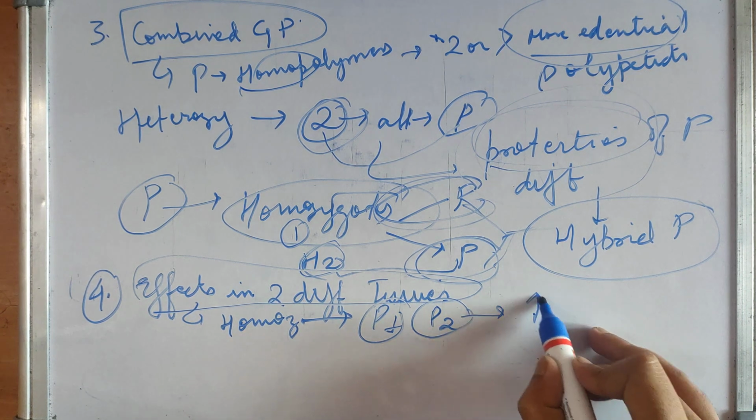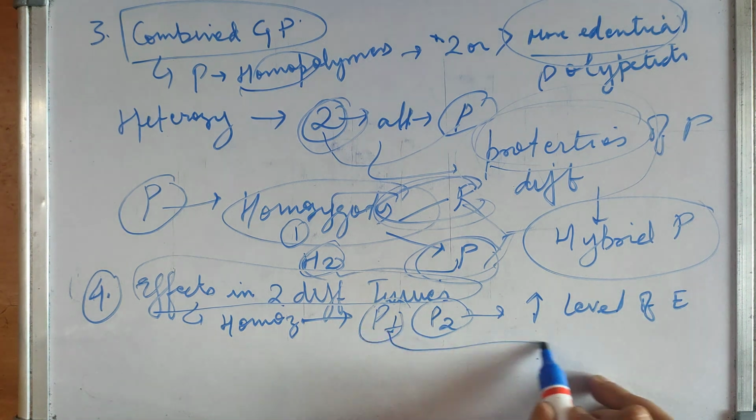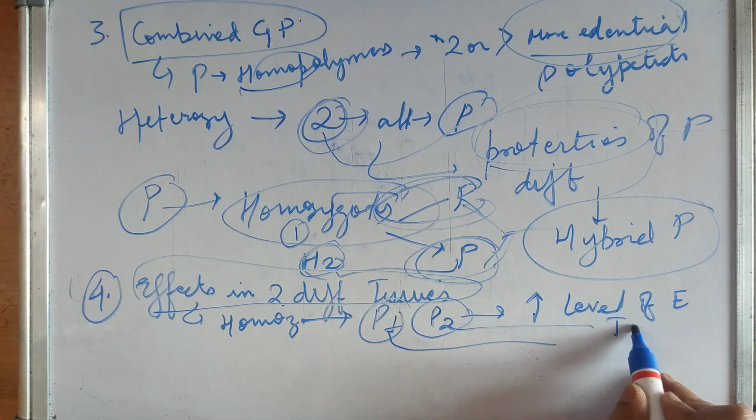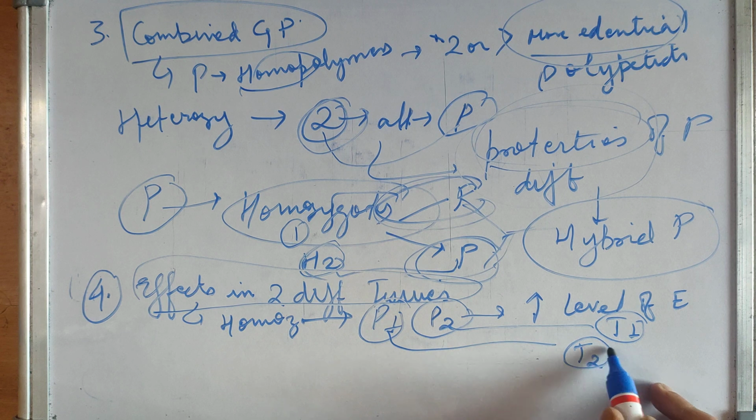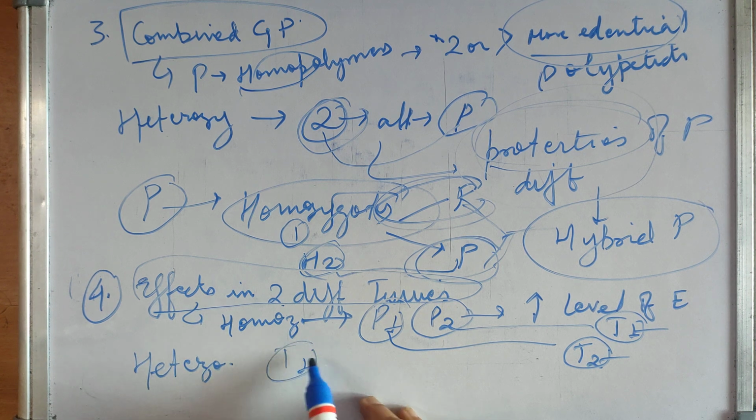Suppose P1 is for tissue 1 and P2 is for tissue 2. In homozygotes they will produce a high level of enzyme. But in the heterozygote, they will produce an intermediate level of enzyme in both tissues. Intermediate, not high, not low. So in tissue 1 also intermediate and tissue 2 also intermediate.